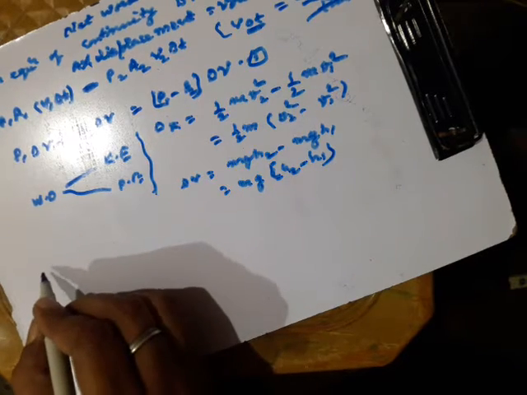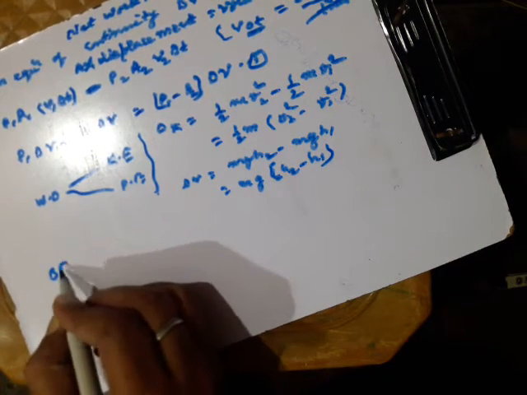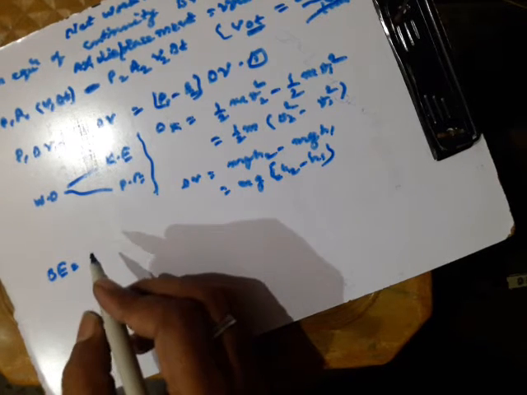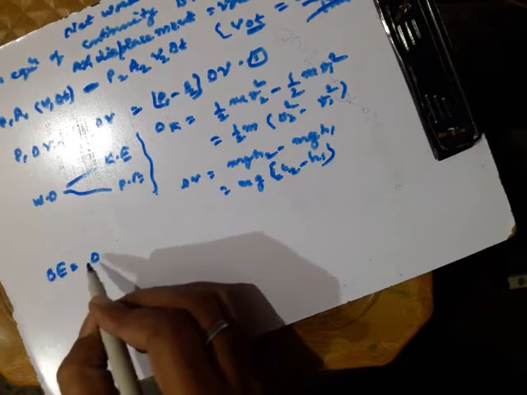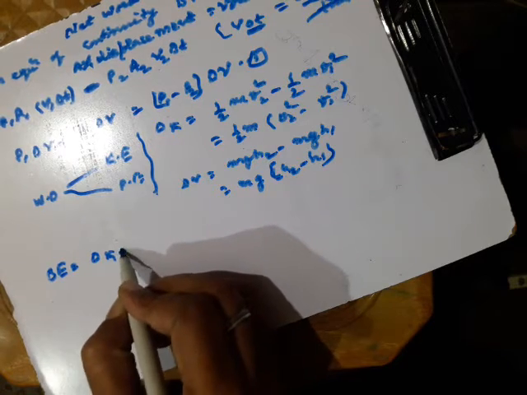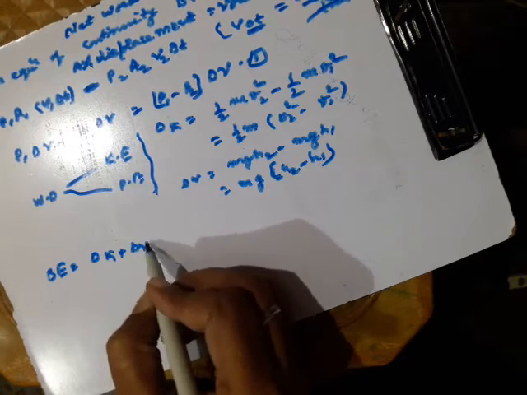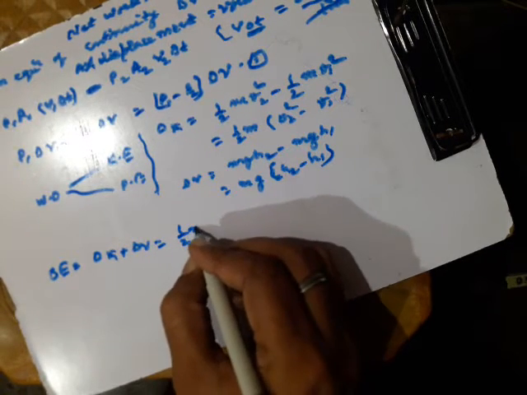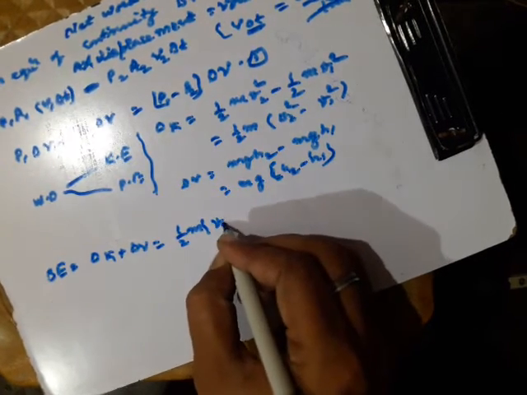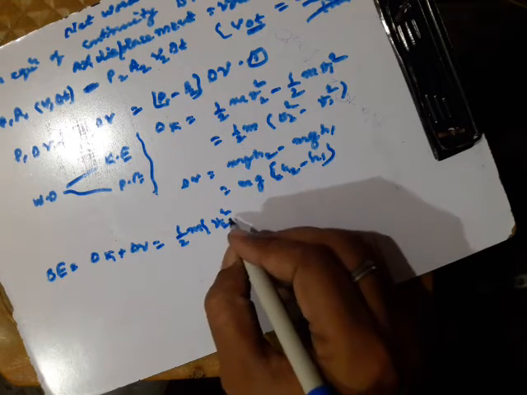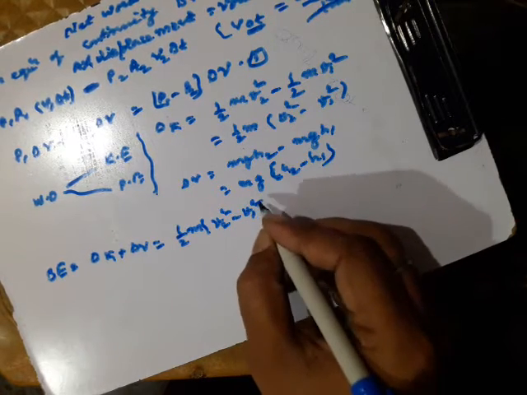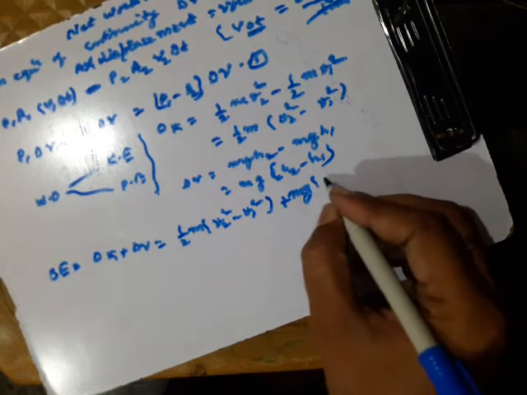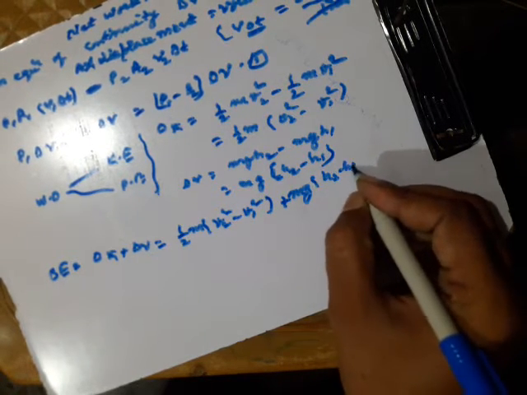Now delta E is equal to delta K plus delta U: half m (v2 square minus v1 square) plus mg (h2 minus h1).